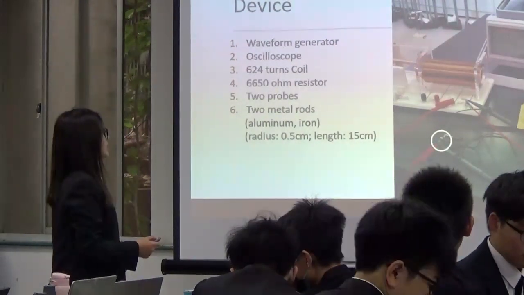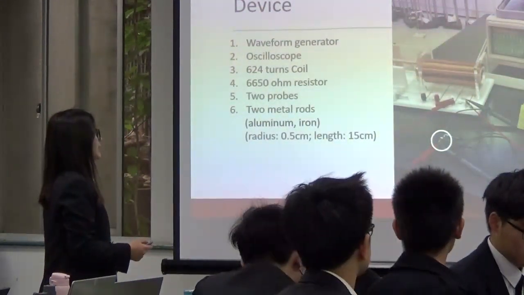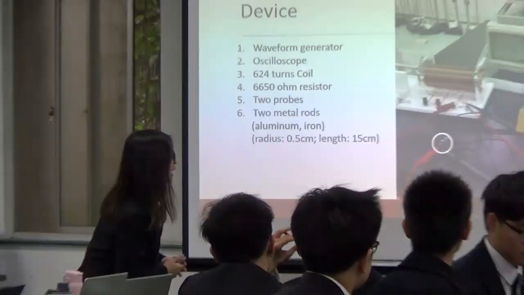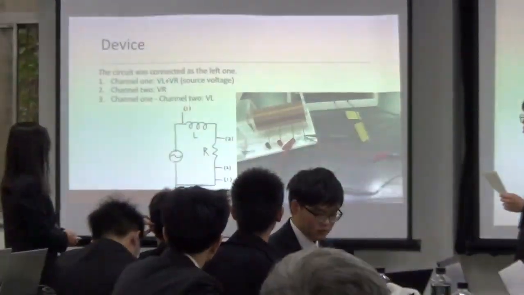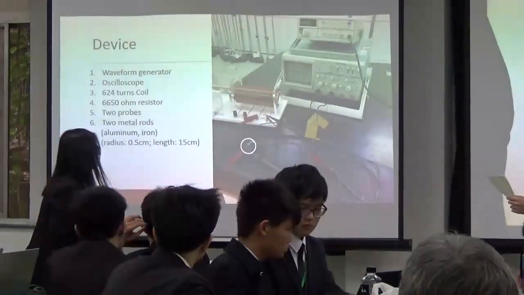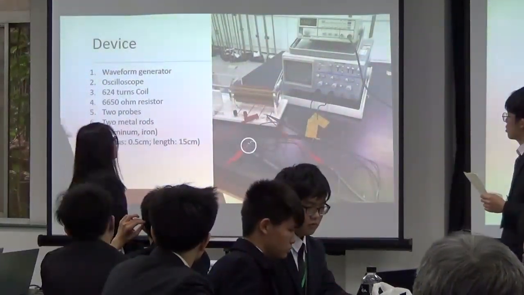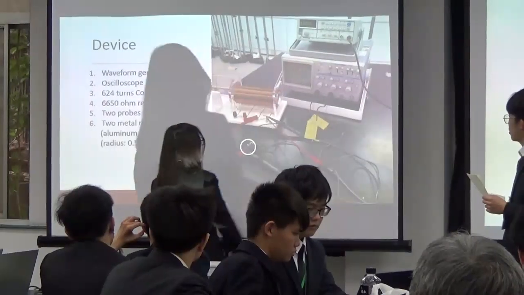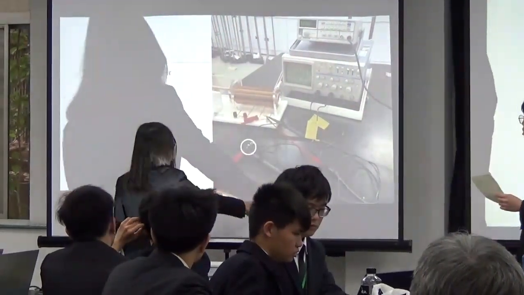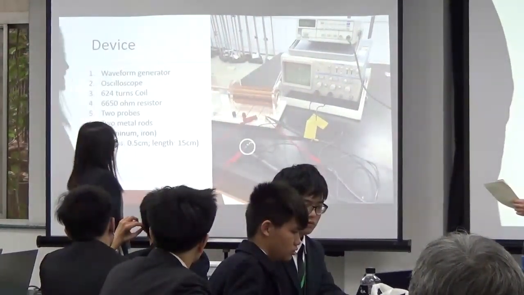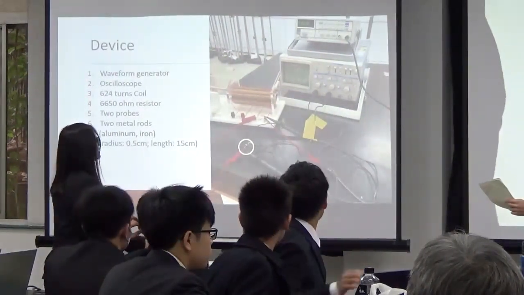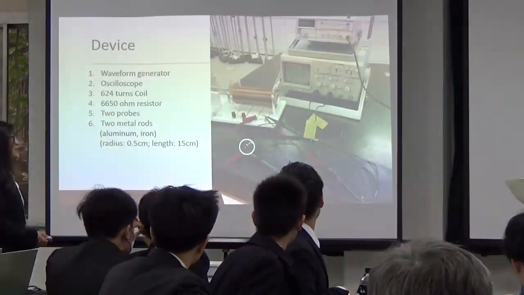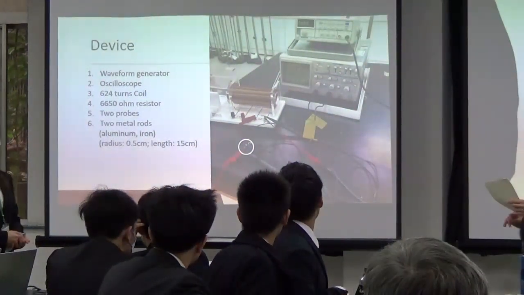And then we also use the oscilloscope to get the waveforms. For channel 1, we have the source voltage, and for channel 2, we have the current.